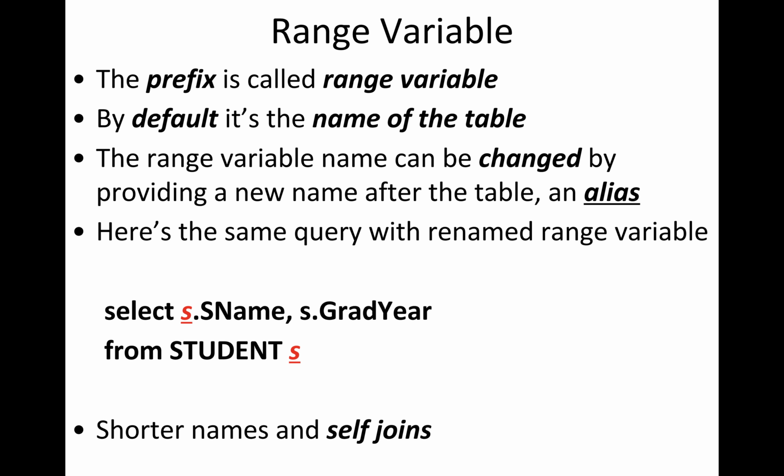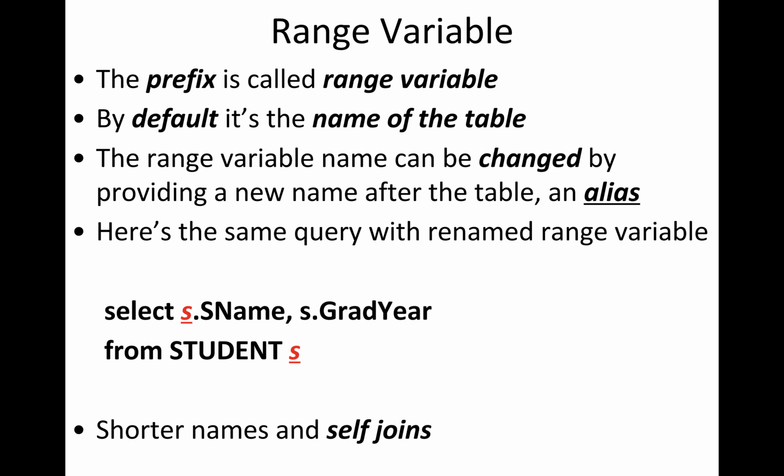You can rename the table so that it's more convenient for readability purposes, so that you can be a little less verbose, and you can just rename it to something that's a little easier to read. Especially useful if you need to self-join, if you need to join the student table with itself, or the product table with itself, or the customer or the employee table with itself, because there might be some structure within the table itself.